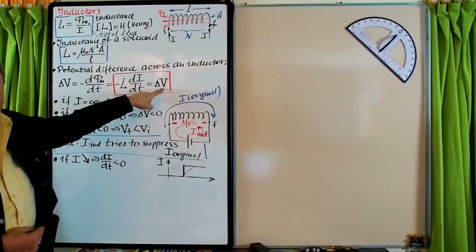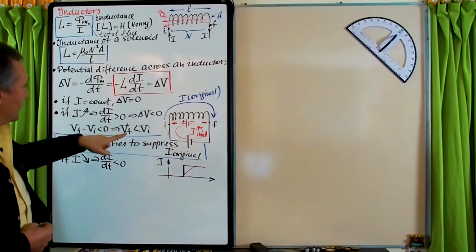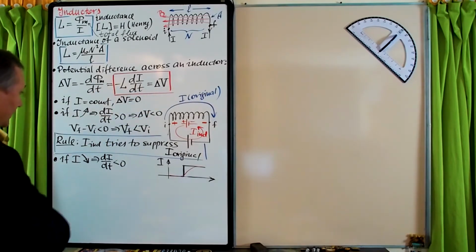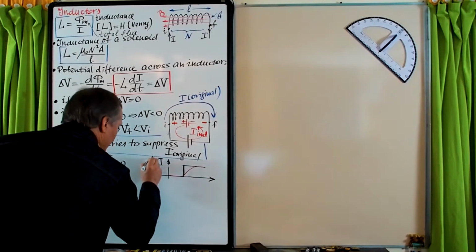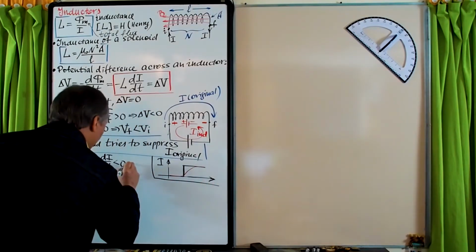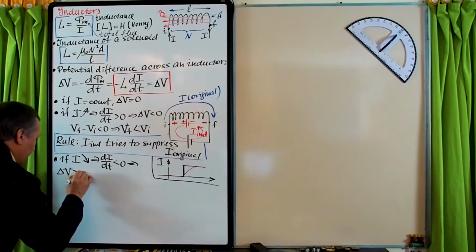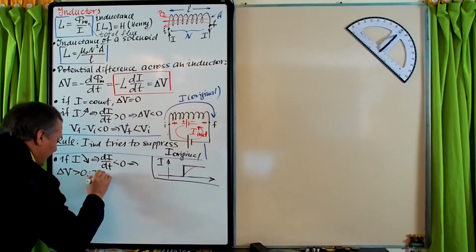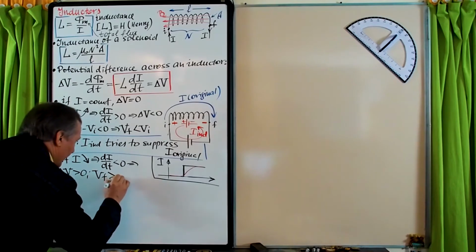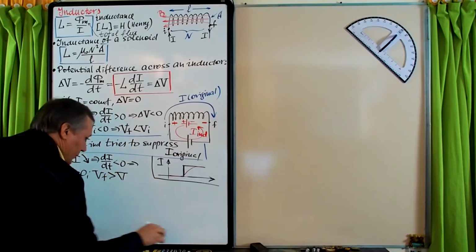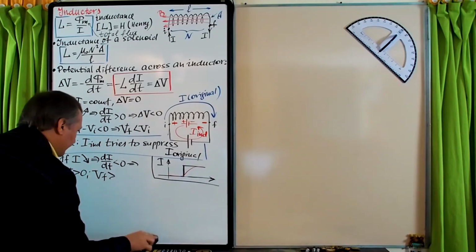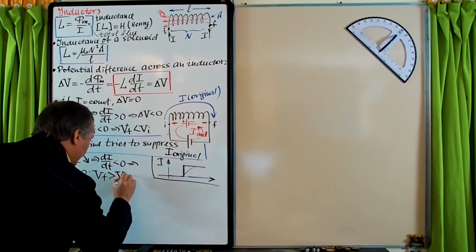So as a result, delta V is positive. So here delta V was negative, but now delta V is positive, right? So let me separate this as well. So now delta V is positive, and it means now that V final is going to have larger potential than V initial.